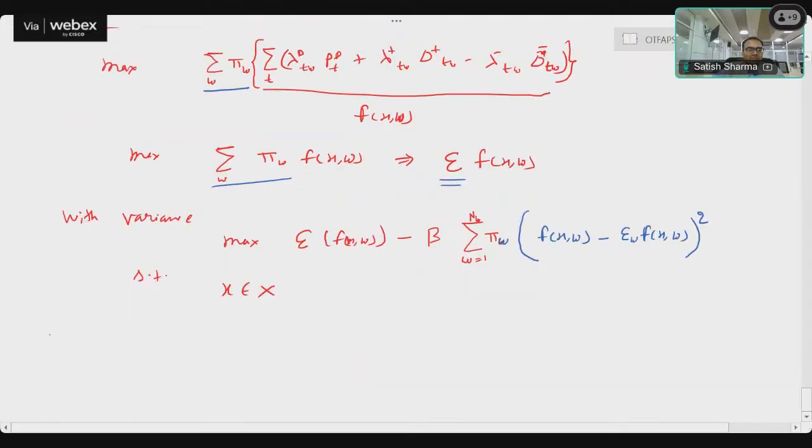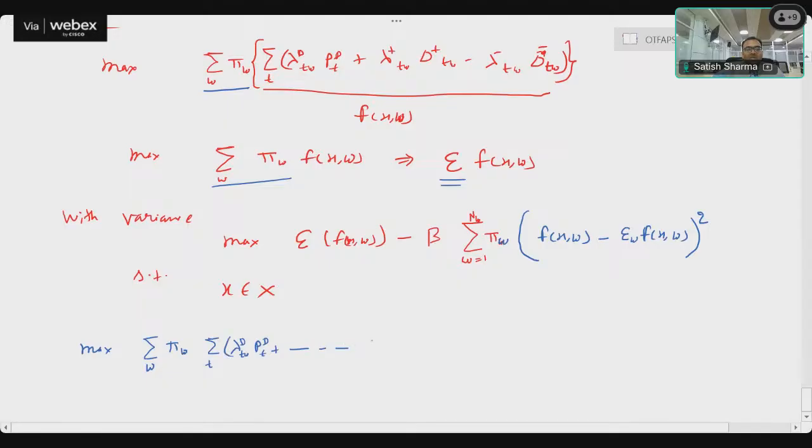So in general, I can write it down like maximization of summation over w pi w, and then basically summation over t, let's say lambda d t w p d t plus one term minus another term.